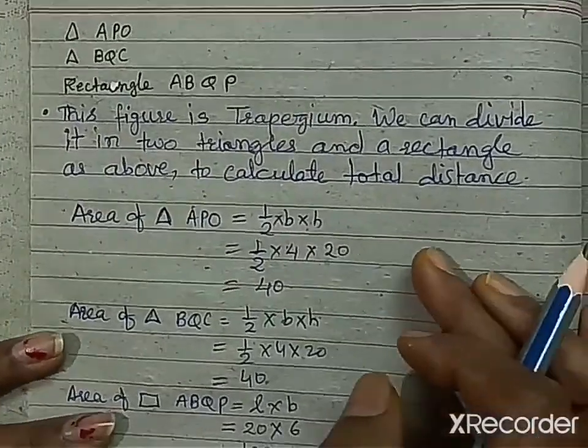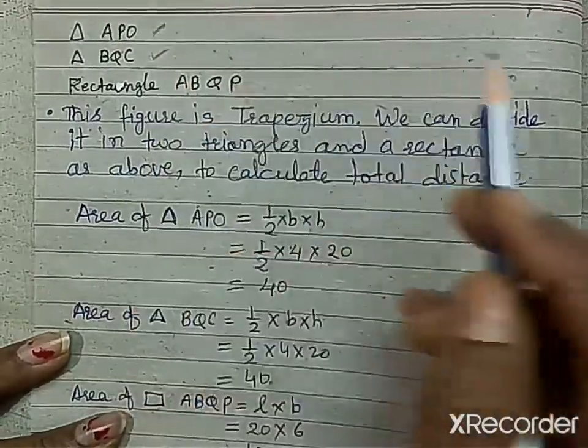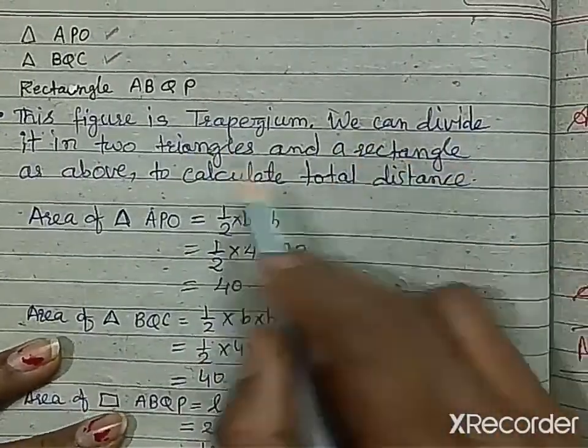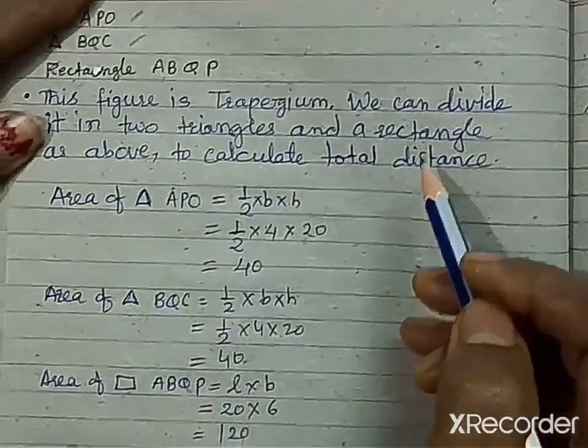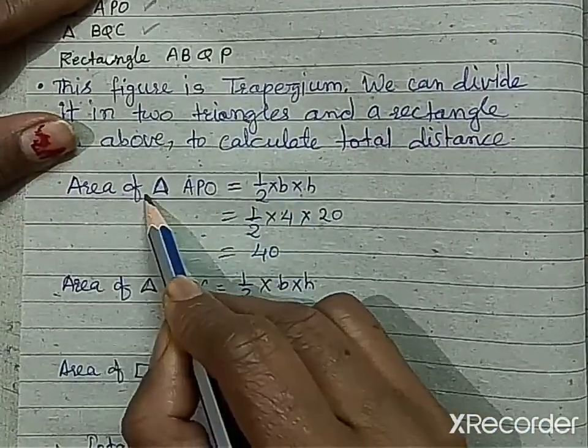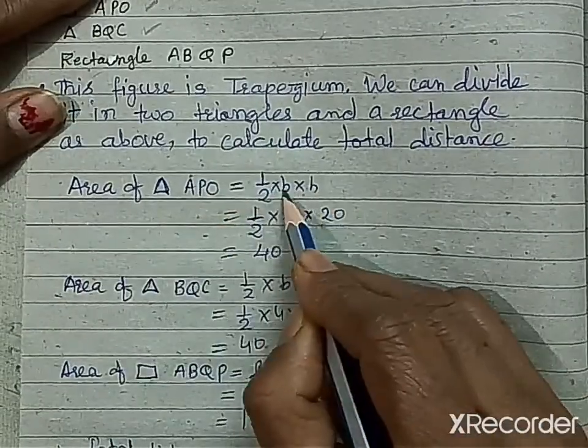Okay, so here we have these two triangles and 1 rectangle. This figure is a trapezium. We can divide it into 2 triangles and 1 rectangle as above to calculate the total distance. So we first find the area of triangle APO. We know that the formula is 1/2 b into h.